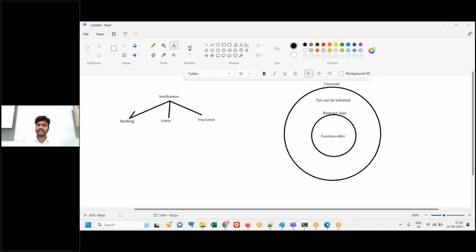If I create the above class, the verification class, also as concrete, and the ones below are concrete as well, so in the structure all of these are concrete, my business processing will not be impacted.